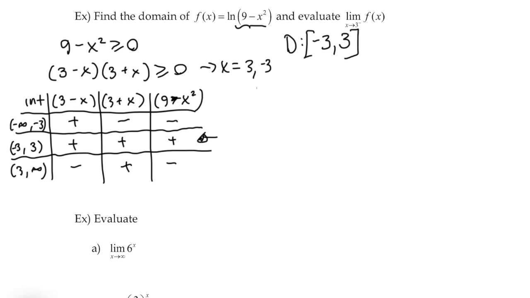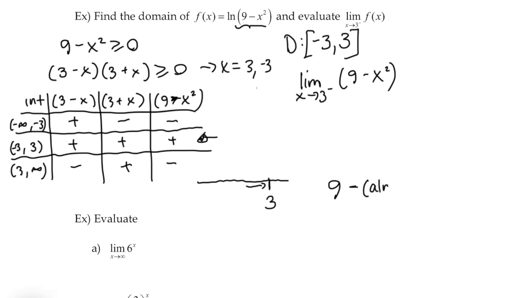All right, now in terms of this limit, well, if I'm approaching 3 from the left, and by the way, I can't approach from the right because that would be outside of the domain, then essentially what I'm doing is I'm going 9 minus almost 3 squared. 9 minus almost 3 squared is almost 0.